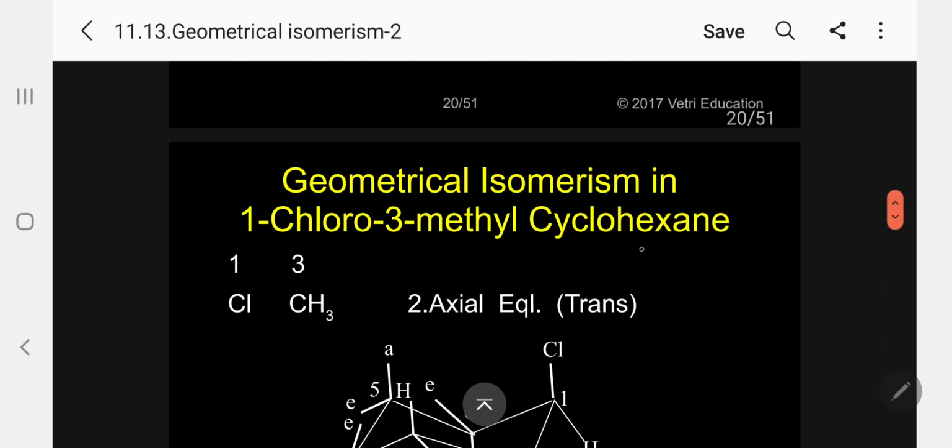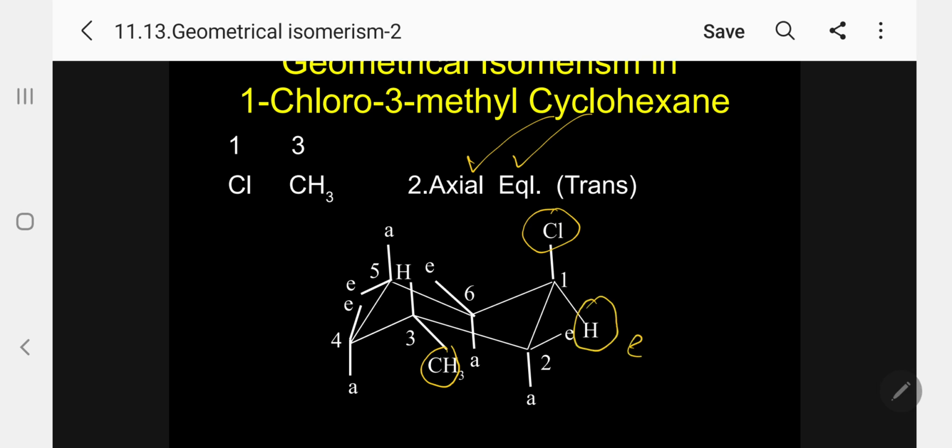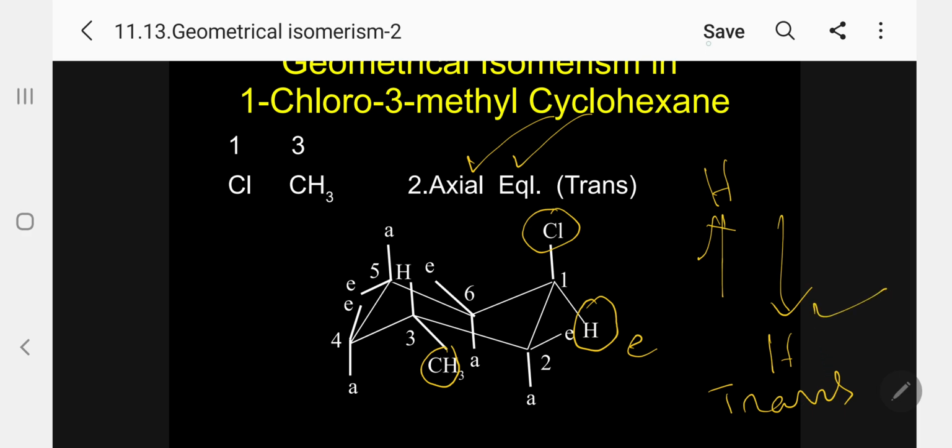Number 2 example: consider chlorine axial and methyl group equatorial. So we call it trans. How? Consider the first carbon atom hydrogen equatorial below and this hydrogen axial above. So it is trans. So 1 chloro 3 methyl, if they occupy axial and equatorial, it is trans isomer.